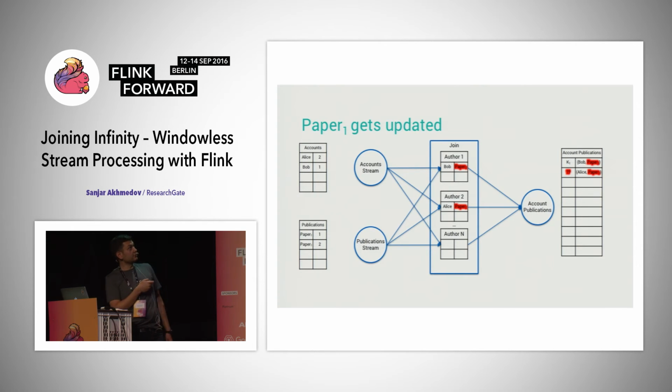But the truth is that Alice authored paper 1. So we have to somehow fix the state here. We have to delete it. And the obvious choice is to issue two commands, delete and upsert, one to the old author and one to the new author.